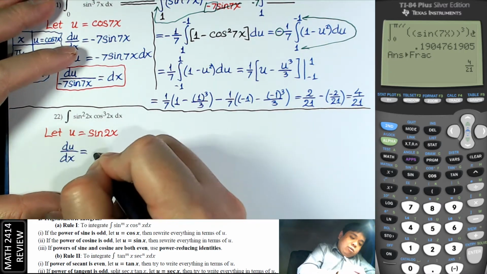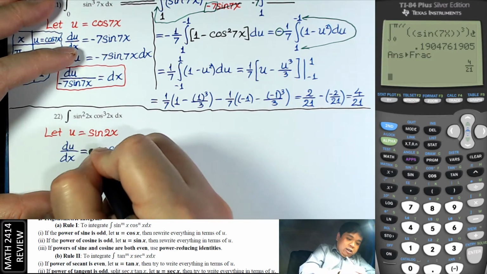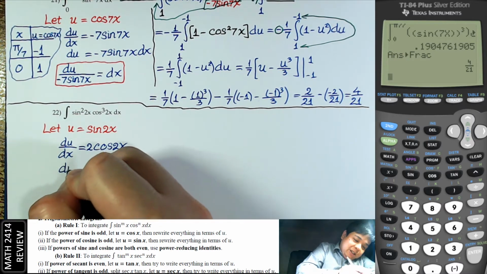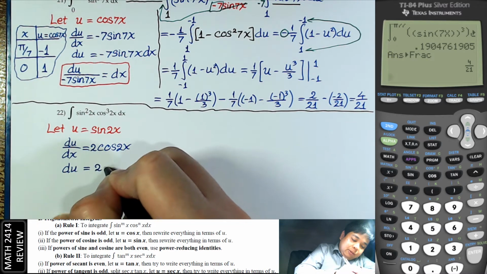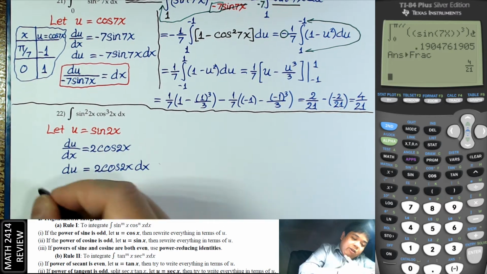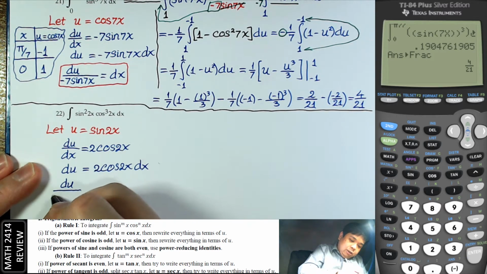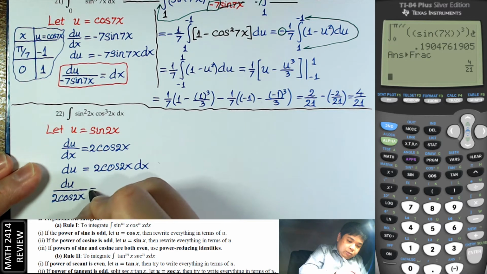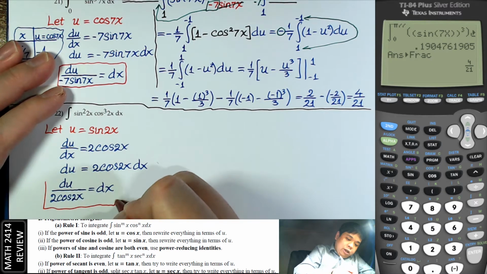The derivative of sine of 2x is going to be cosine of 2x, and then the derivative of 2x is going to be 2. Right, move the dx and divide by 2 cosine. So we have u and we have dx.